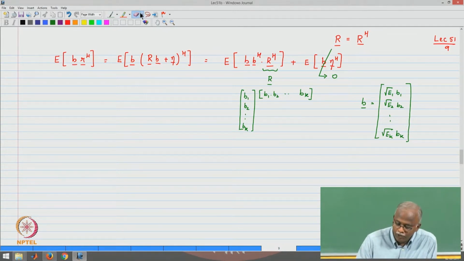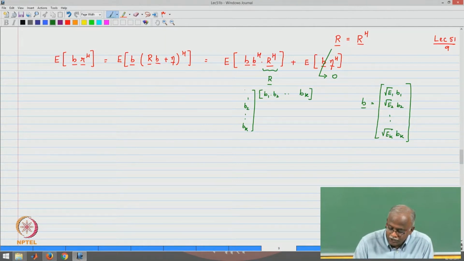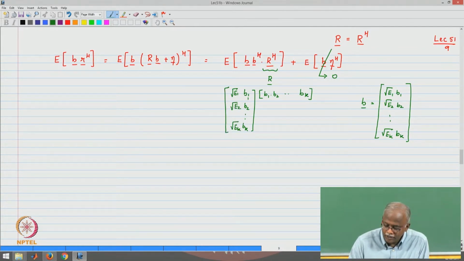So, what we should do is introduce the values root E1, root E2, root Ek, and here again we would introduce root E1, root E2 and root Ek.